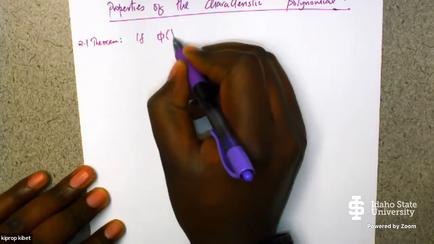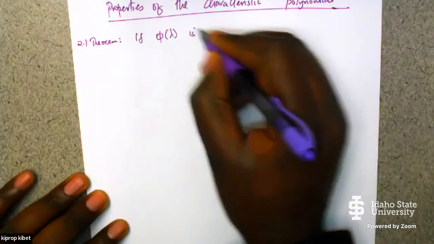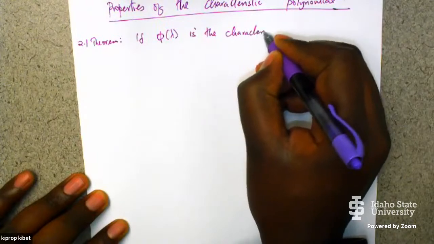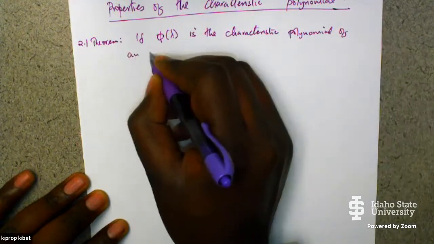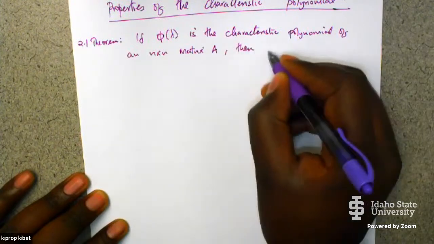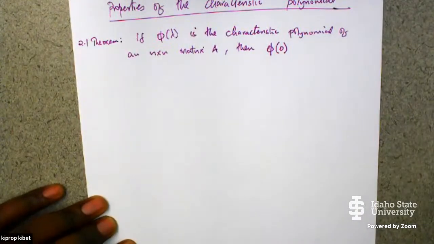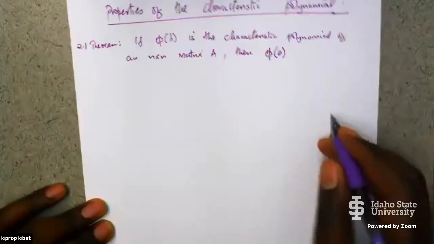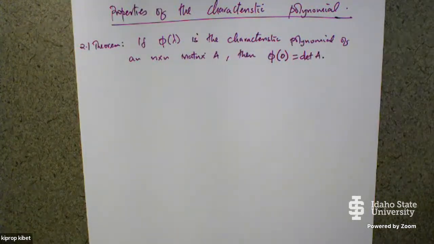If the characteristic polynomial, phi, is the characteristic polynomial of an n by n matrix, let's say A, then if we replace lambda by 0, this is equal to the determinant of A. If lambda is 0, then it is equal to the determinant of A.